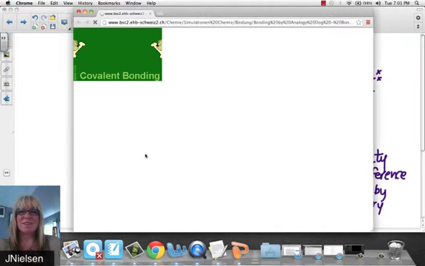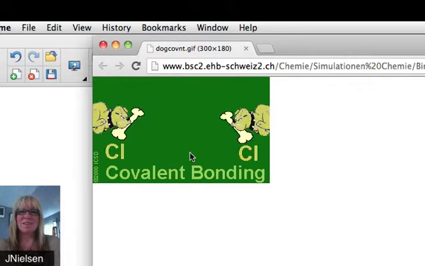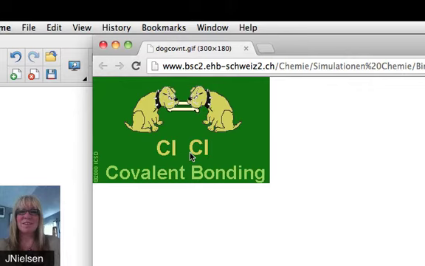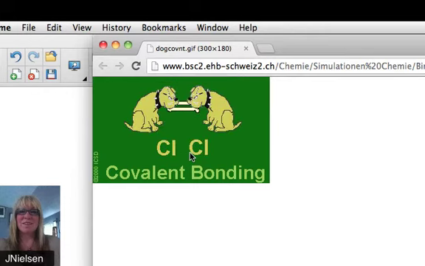So let's look at what that looks like according to our big dog theory. So here you have 2 chlorines, and they each have a bone. They get into a tussle, and because they have the same strength or electronegativity, they're going to share the bones equally.